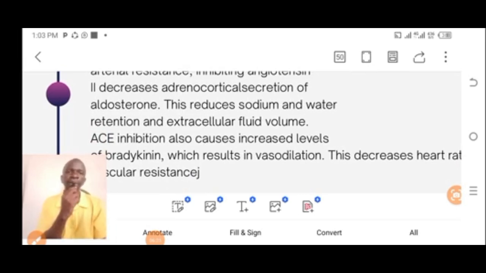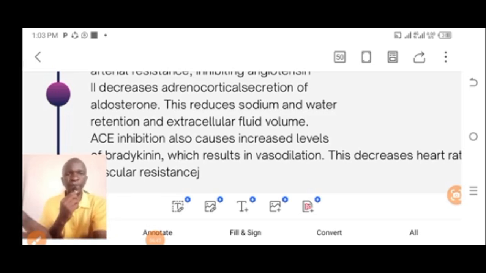This reduces sodium and water retention and extracellular fluid volume. When aldosterone secretion is blocked, that action reduces sodium and reduces water retention.